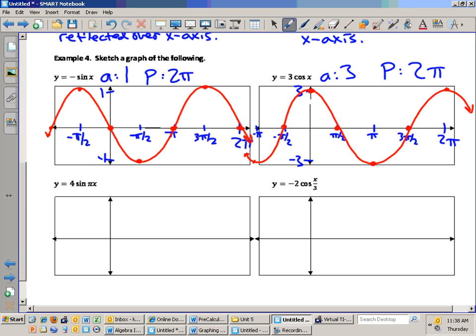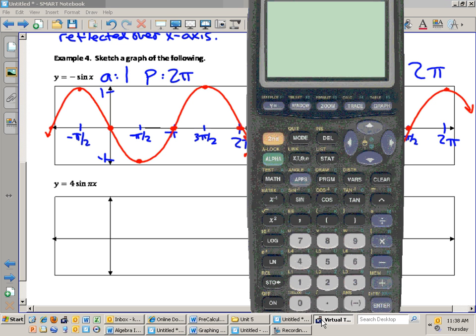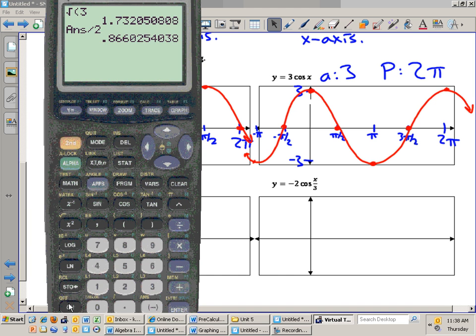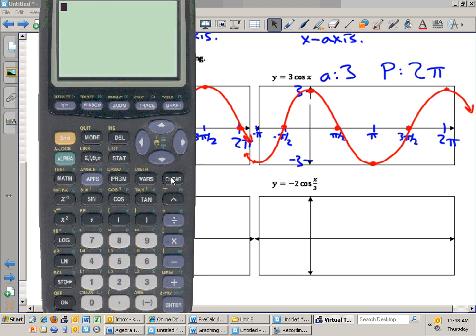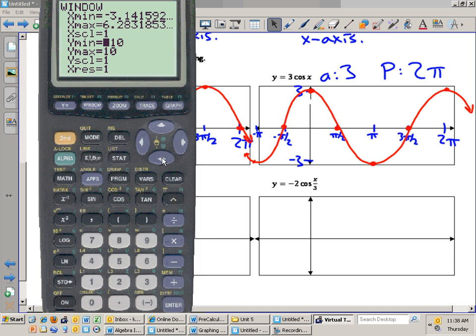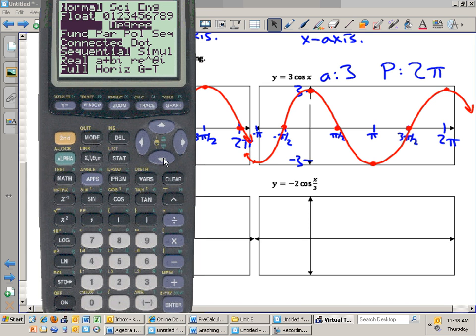Isn't that pretty? Here's what I love. If I change my window to be a negative pi, and my x max to be a positive 2 pi, and then it looks like my scales are every pi divided by 2, and my y min is -3, my y max is +3, and I need to work in radians, not degrees.